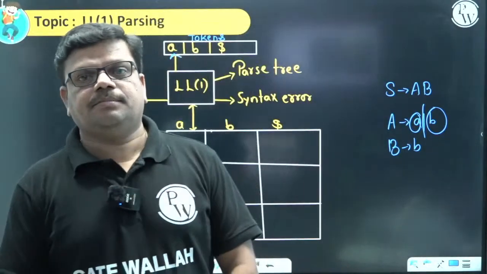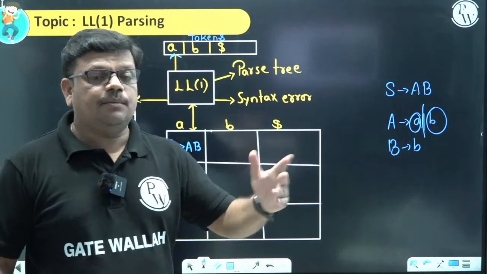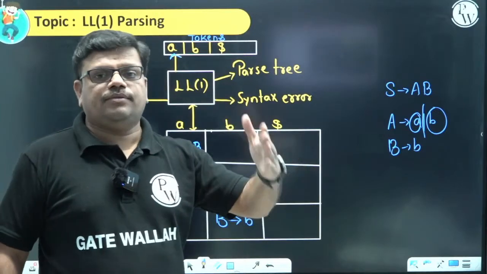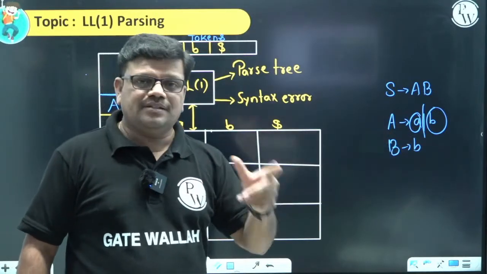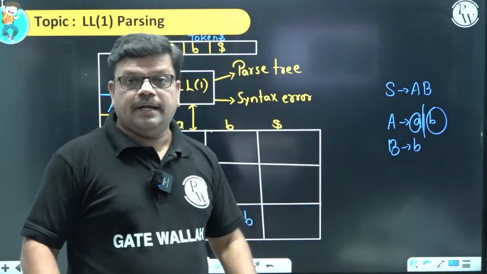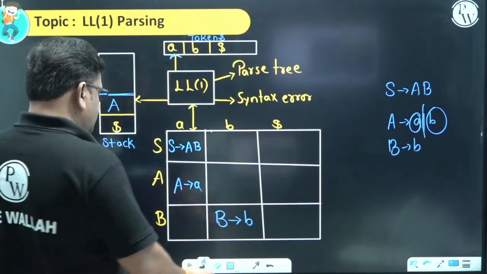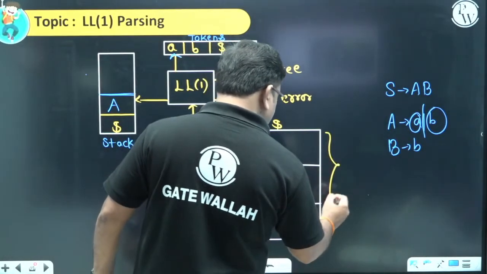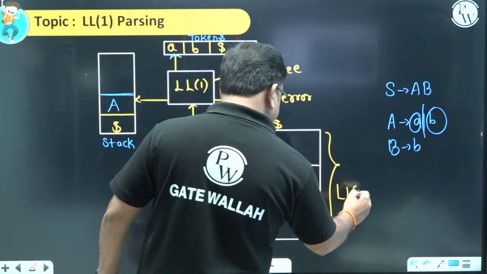If a non-terminal has multiple productions, which one should replace it: first, second or third? To decide this, the parser gets confused a lot. To handle that situation, we have a table. The name of the table is the LL1 parsing table.